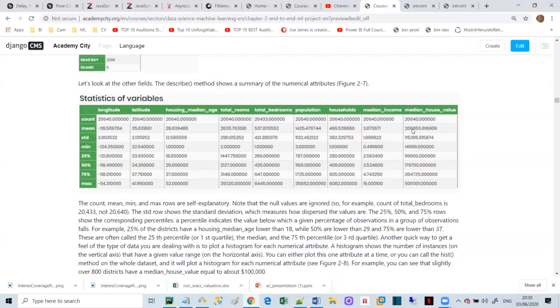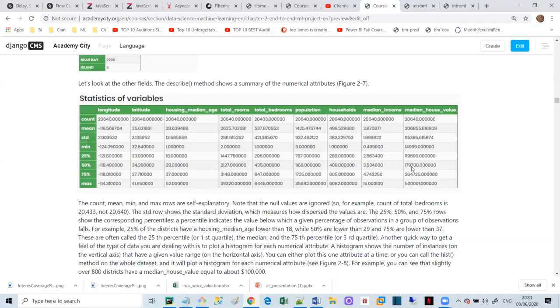Let's look at another number, which is very important, called median. 50% is the median. How much is the median? 179, almost 180,000.